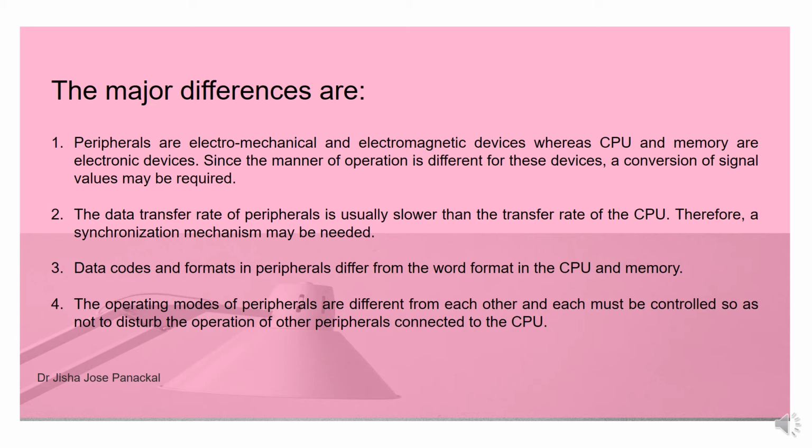Therefore, a synchronization mechanism may be needed. The third difference is based on data codes and formats, which also differ in peripheral devices as well as in CPU and memory. The operating modes of peripherals are also different from each other, and each must be controlled so as not to disturb the operation of other peripherals connected to the CPU.